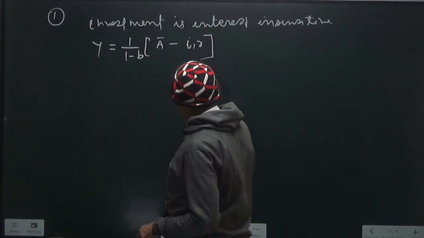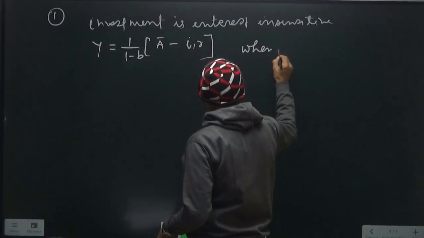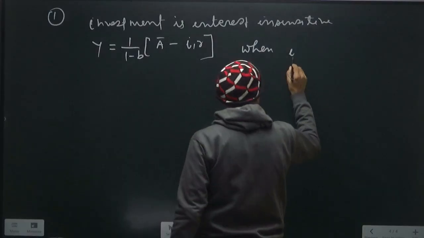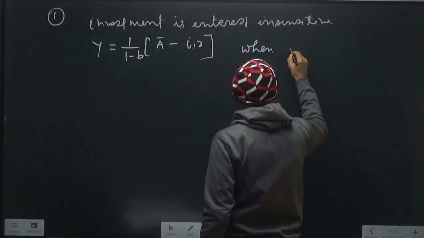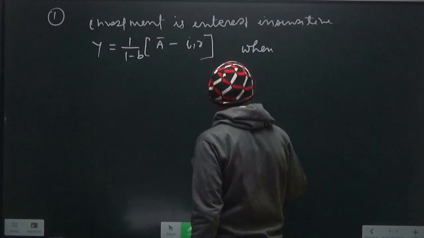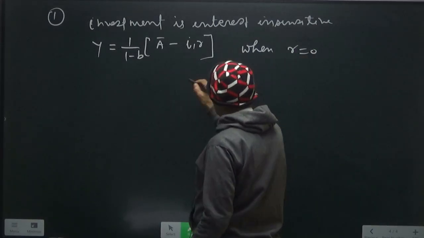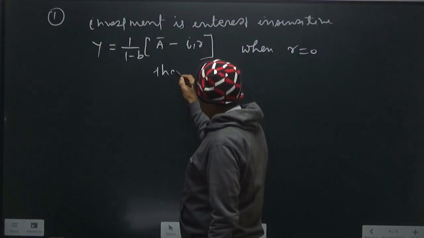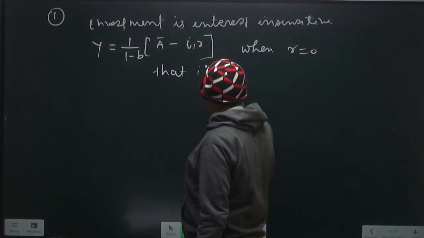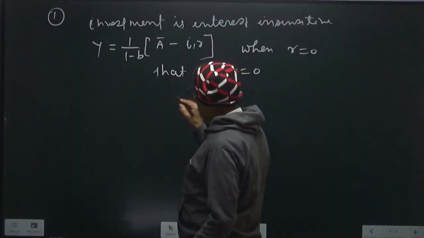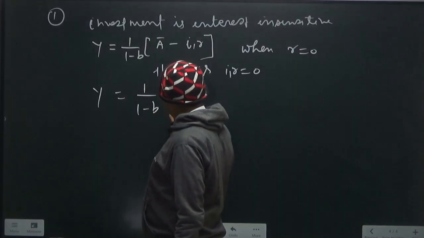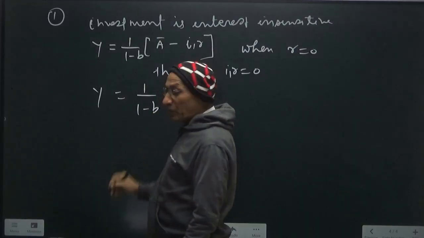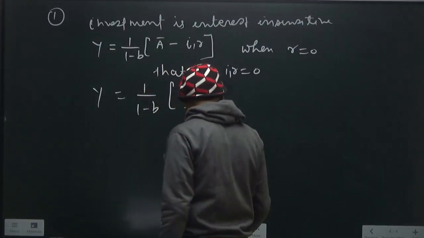When R equal to 0, that is I1 R equal to 0, then the formula will be 1 by 1 minus B, A bar. Okay.